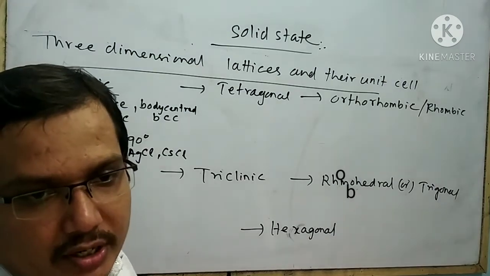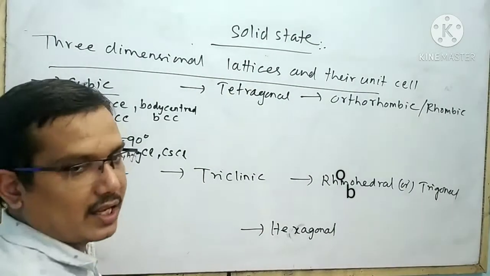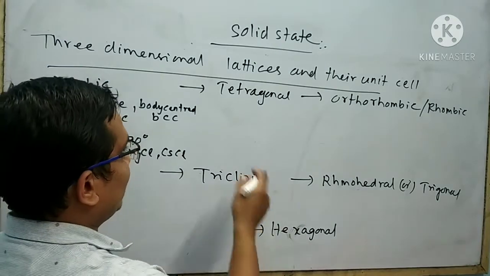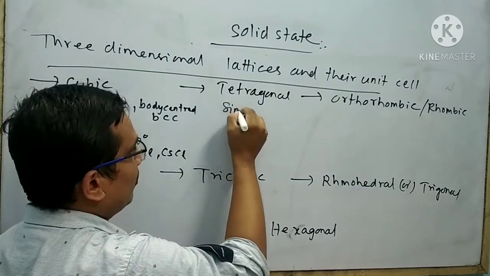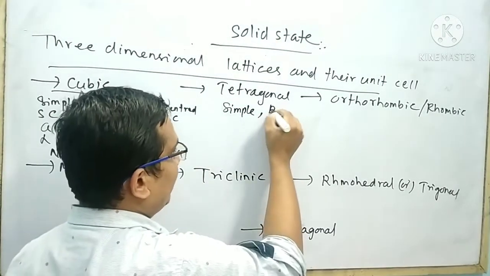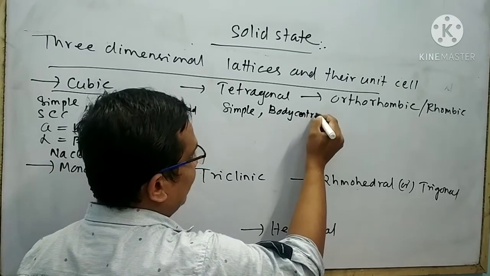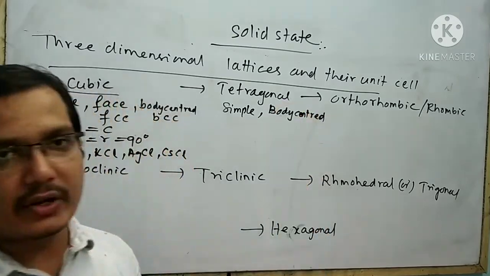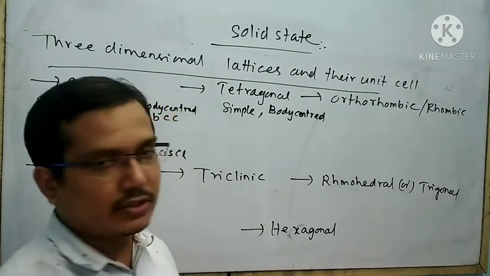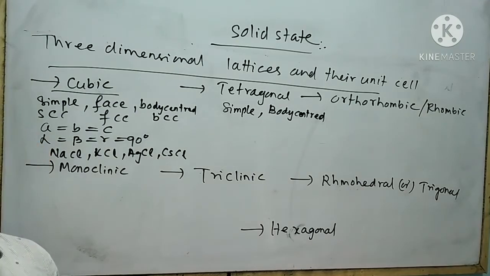Next is your tetragonal unit cell. In a tetragonal unit cell, generally two types of unit cell are possible. One is simple, the next is body centered. That means in the case of tetragonal, we can form two types of unit cell.